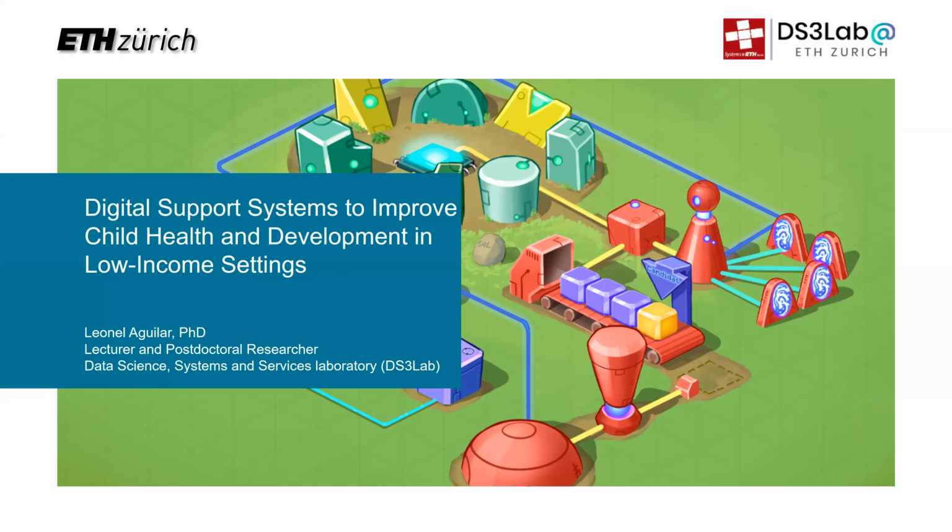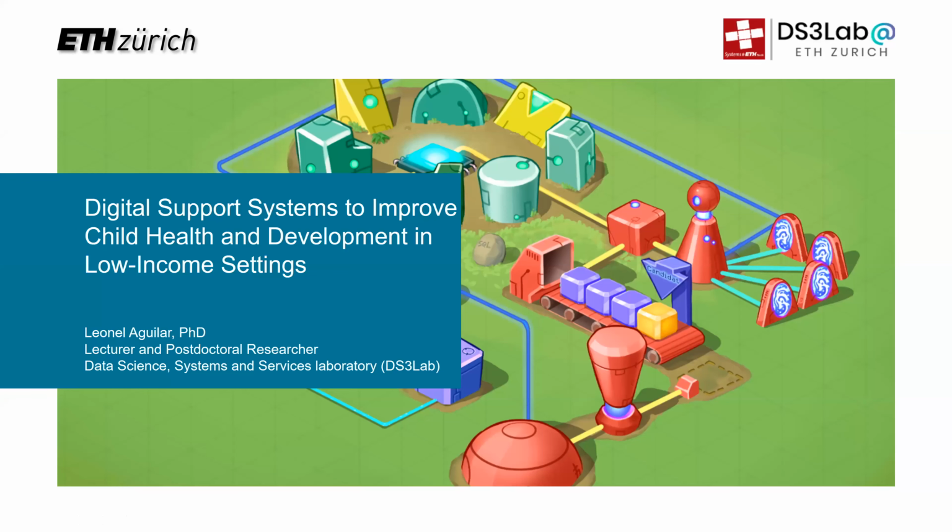So regarding the project itself of the digital healthcare intervention, if we look at early childhood development, it is estimated that 30% of children under the age of 5 in low and middle income countries are stunted. That means that they will have severe development impairments.